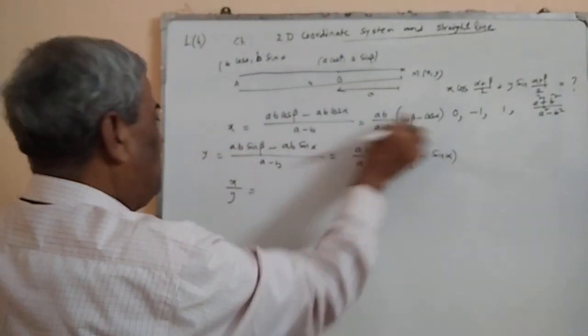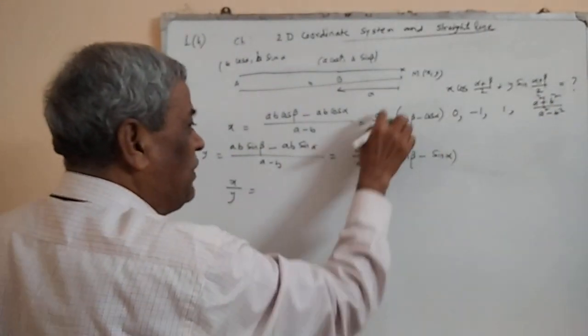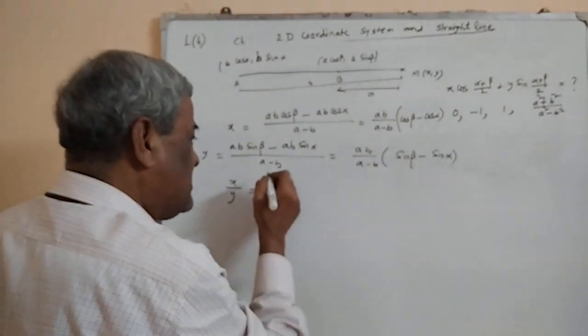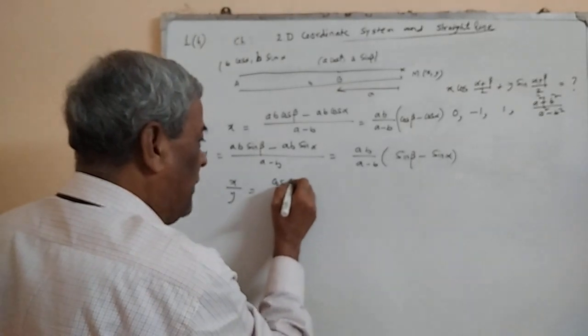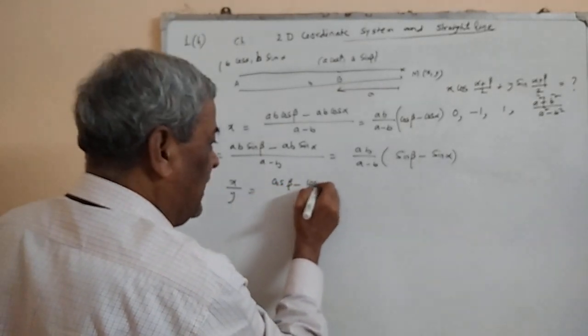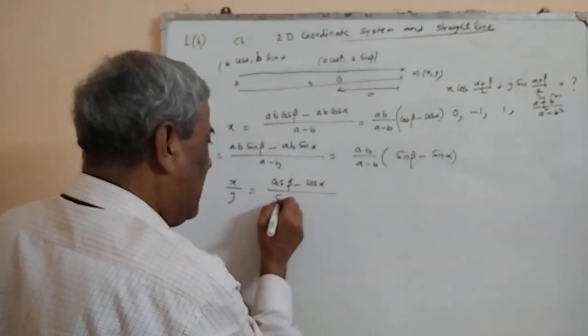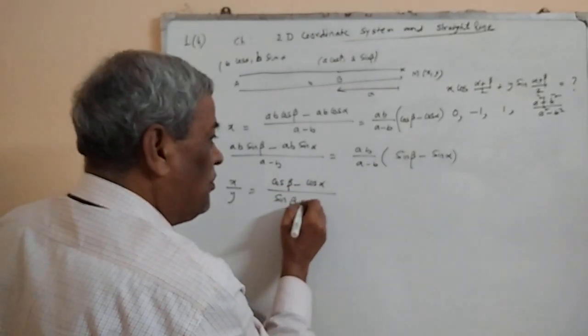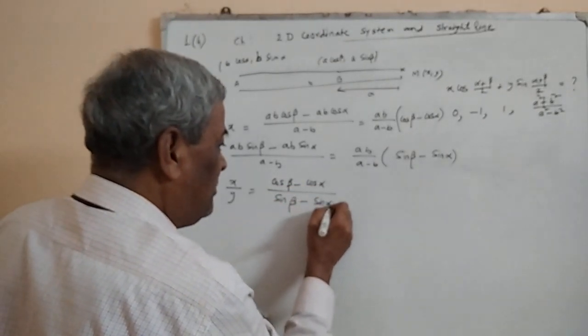In this x by y, AB by A minus B cancels, so it is cos beta minus cos alpha by sin beta minus sin alpha.